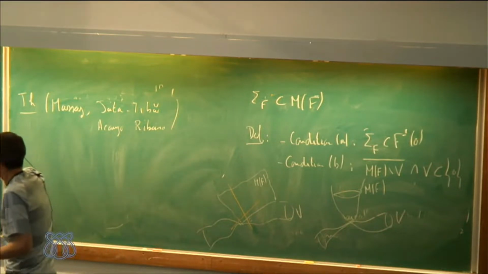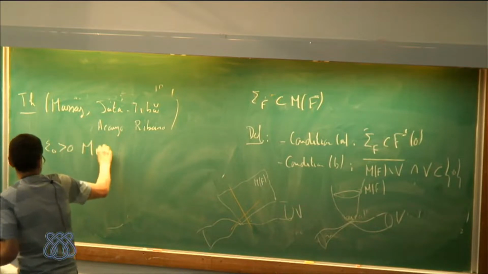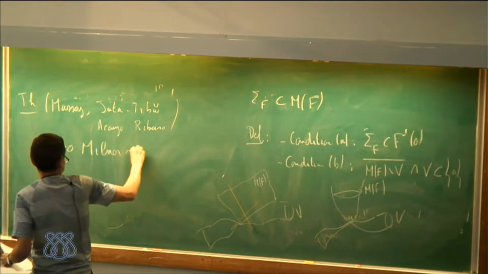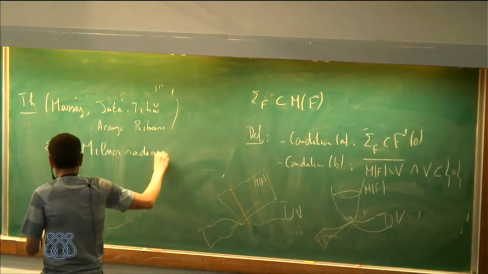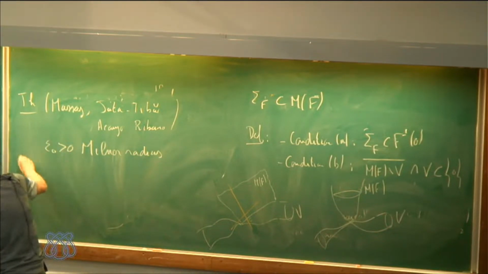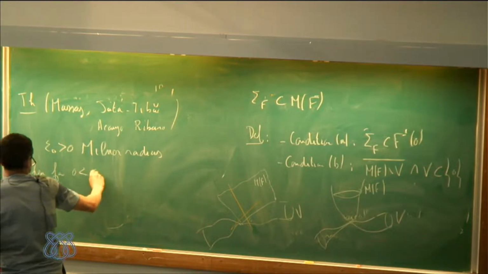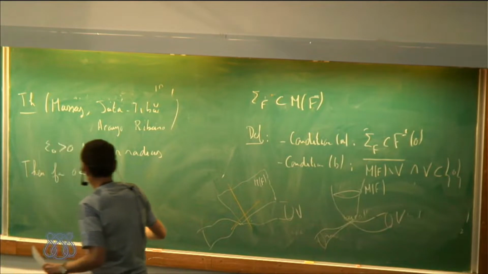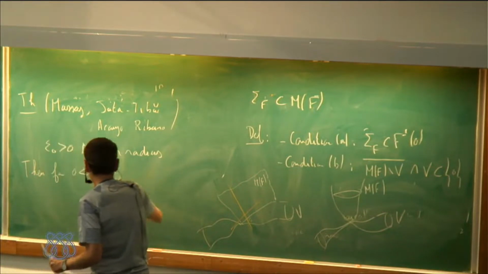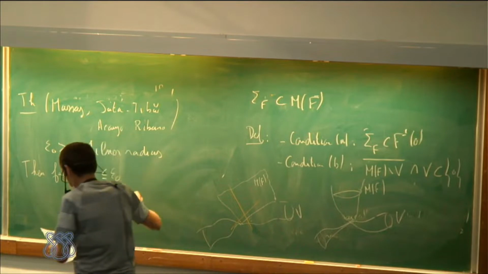So we pick epsilon 0 a Milnor radius. Then for epsilon smaller or equal than epsilon 0, we can find delta such that we have a tube fibration.